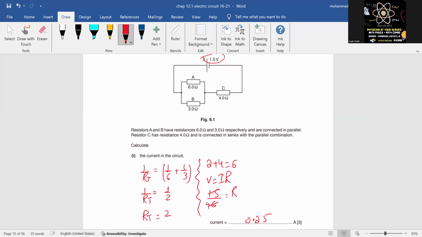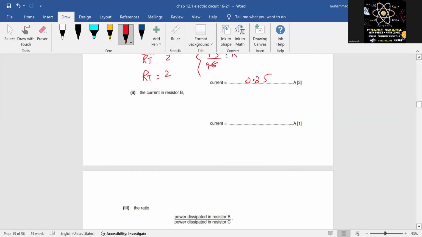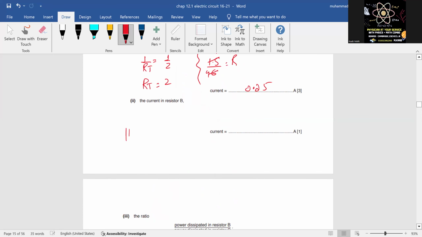So you first have to use a ratio method to find the voltage drop across A and B, and that voltage will be the same at A and at B. You should visualize the circuit in this form: this is 1.5, this is the parallel combination of A and B, and this is C. The parallel combination of A and B has a resistance of 2 and C has a resistance of 4.